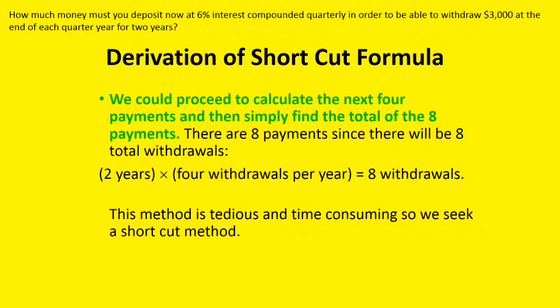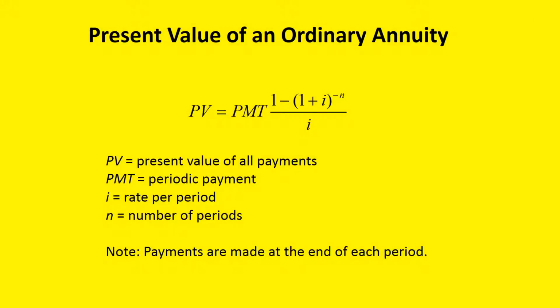So 8 withdrawals. This method is tedious, though. We could do it. We can kind of understand it too. The actual formula, though, we just want to understand it as a logical extension of the experiment that we're doing.